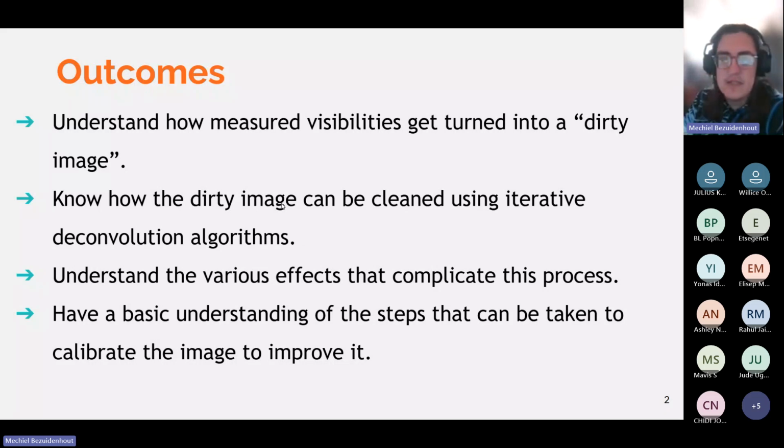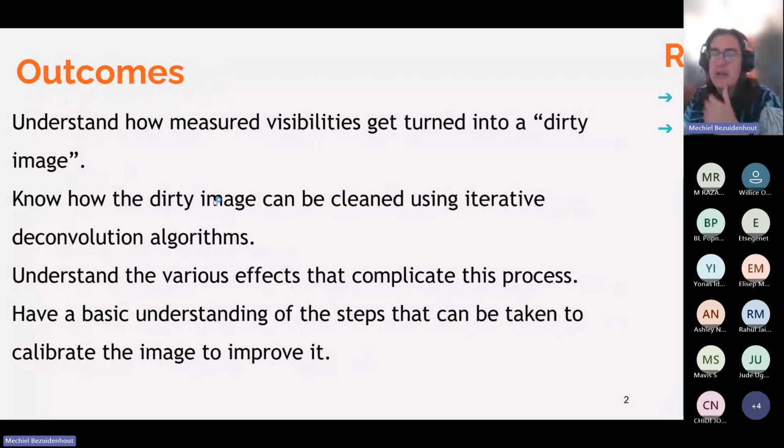But the idea of this lecture is to give you a basis in the concepts at least, so that hopefully you can use them in your own imaging. But if you have specific questions about different software and so on, we have experts in the group who I think would be better suited to help you with that.